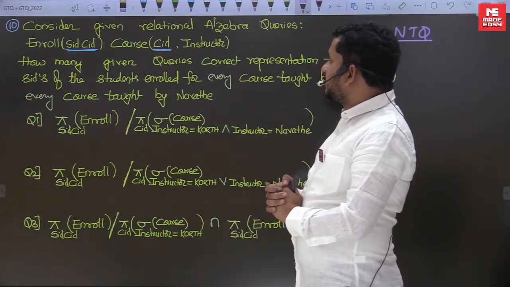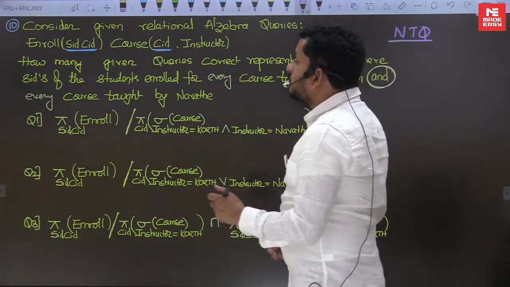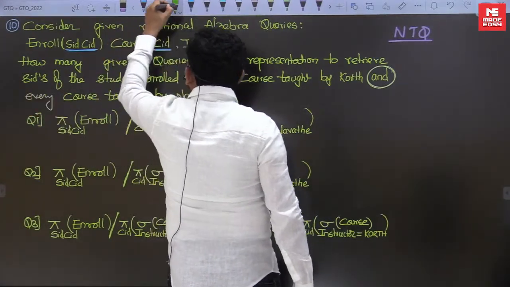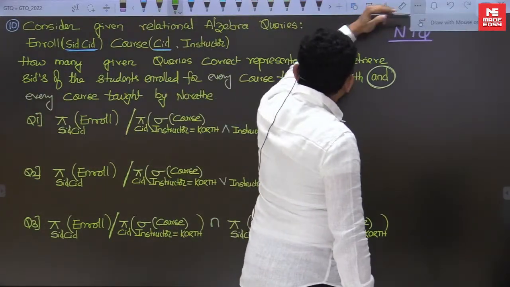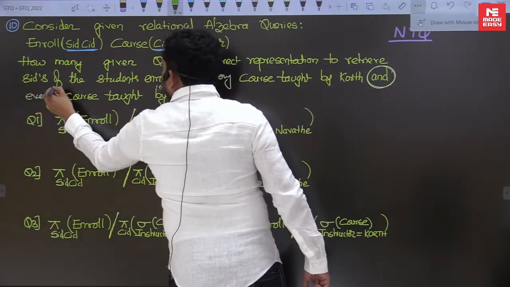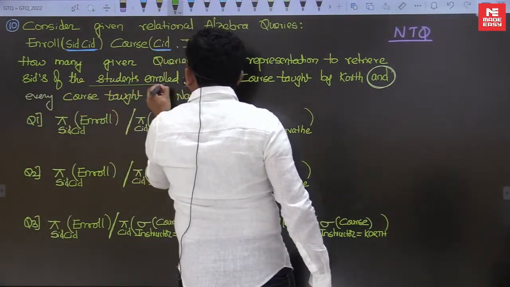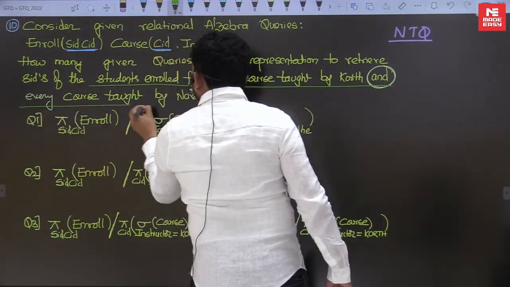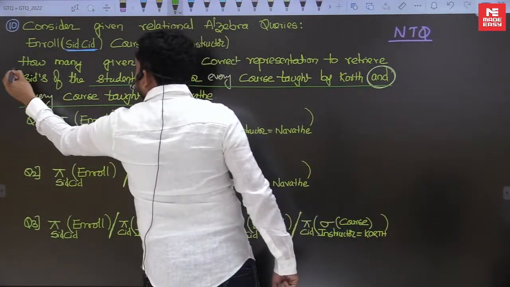So three queries are given. The requirement is to retrieve SIDs of the students enrolled for every course taught by Koth and every course taught by Navate.